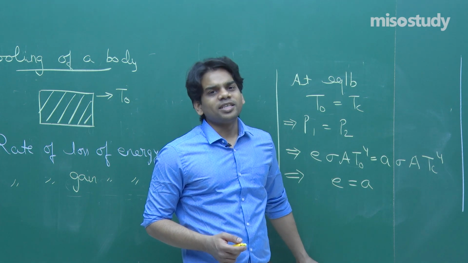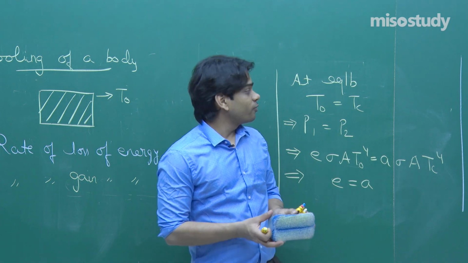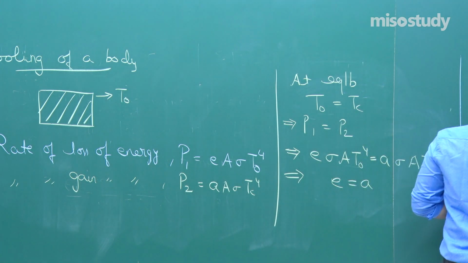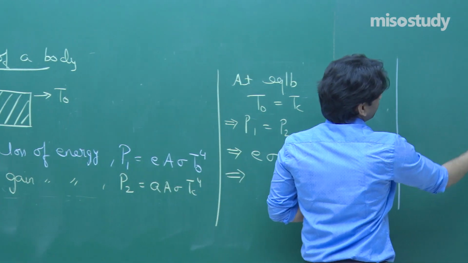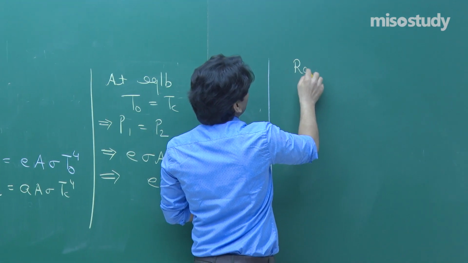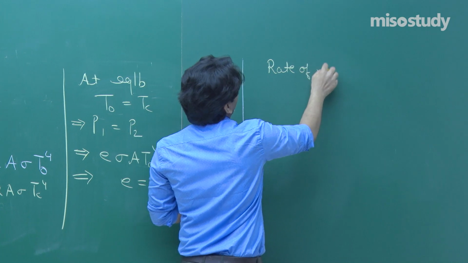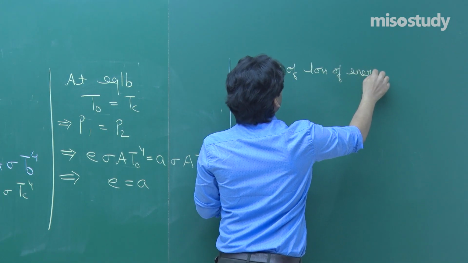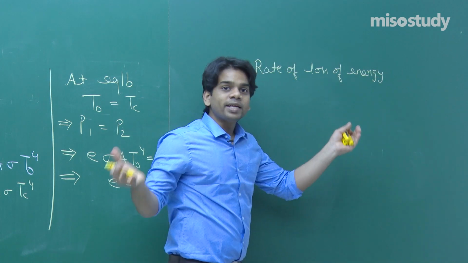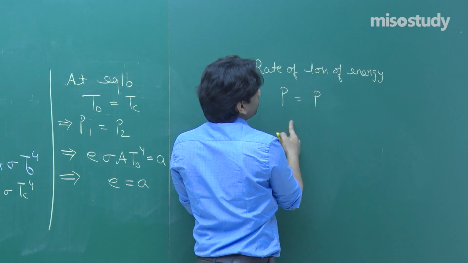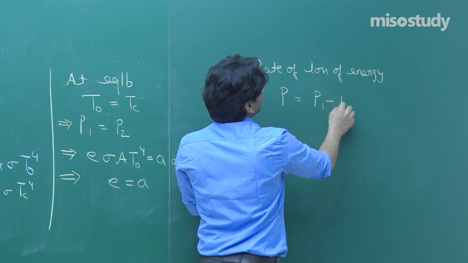Now let's say the temperature is different. So if I write down an equation which will give me the rate at which the body gets cooled down. You see, the net rate of loss of energy will be what? Because energy is radiated also, energy is incident also. That will be given as P is equal to P1 minus P2.